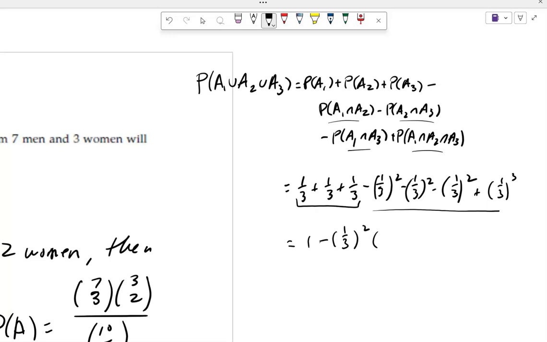1 minus a third cubed. I just want to make sure I get to the right answer when I'm done. That's going to give me a 3 and then minus a third. So I've got 3 of those in there. Not too worried about the arithmetic, honestly. I was trying to be clever, but my cleverness is not working very well. 26/3.